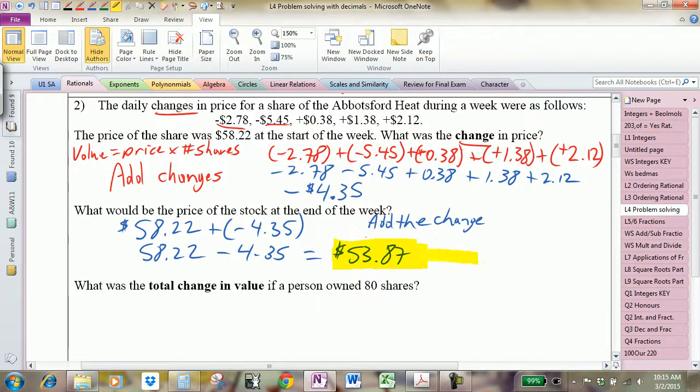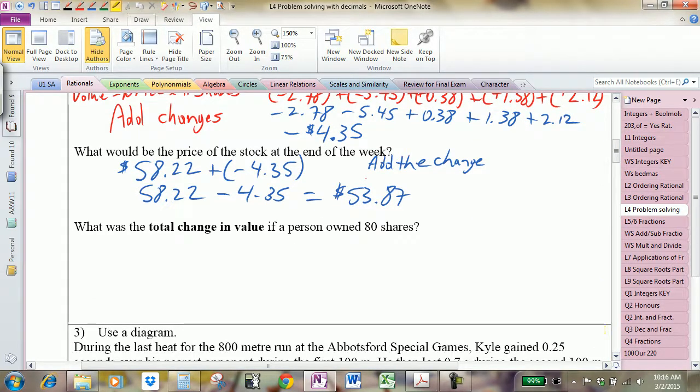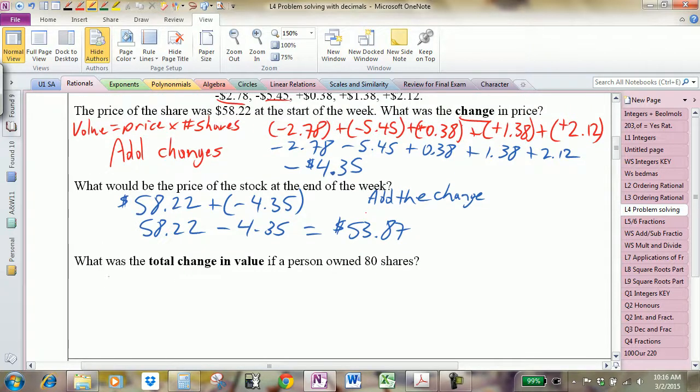At the end of the week, he lost some money. So what we want to do is find the total change in value. So we're going to take $58.22 times that by 80.